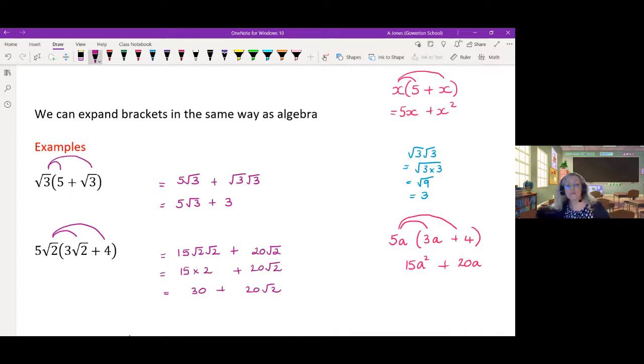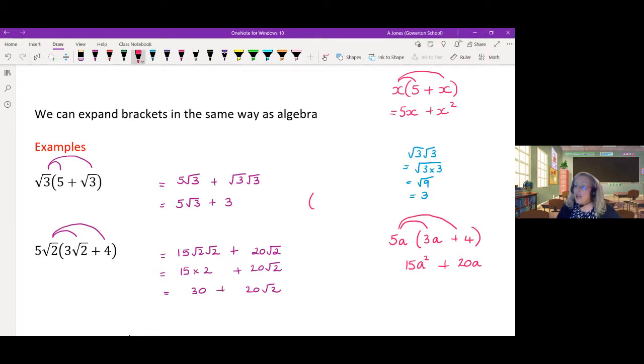And with both of these, if you were trying these at home and you were revising, and you wanted to check you got the right answer, you could actually put these into your calculator looking exactly like this, and then you could check them. And with the answer that came out, the second one would come out looking the exact same as this. The first one would look slightly different. And the reason is because your calculator will always put the number first.